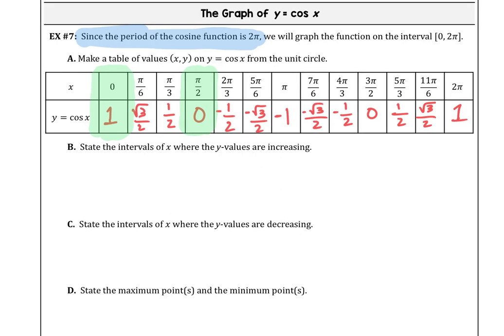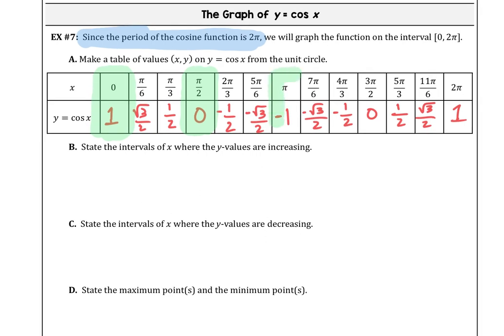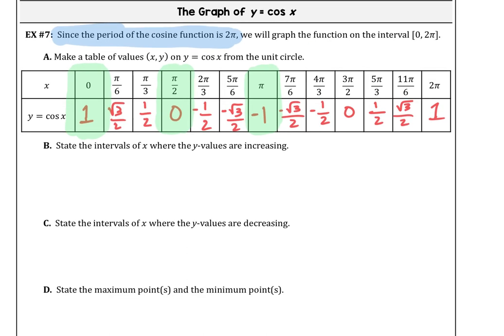And then at pi, that's our minimum. And then at 3 pi over 2, another inflection point or intercept along the x-axis. And then right here we're back to the max. So it's a periodic function. It's going to repeat on a cycle, and it's going to start over at 2 pi. We'll show some examples where that period does change, but for now it's going to be 2 pi.